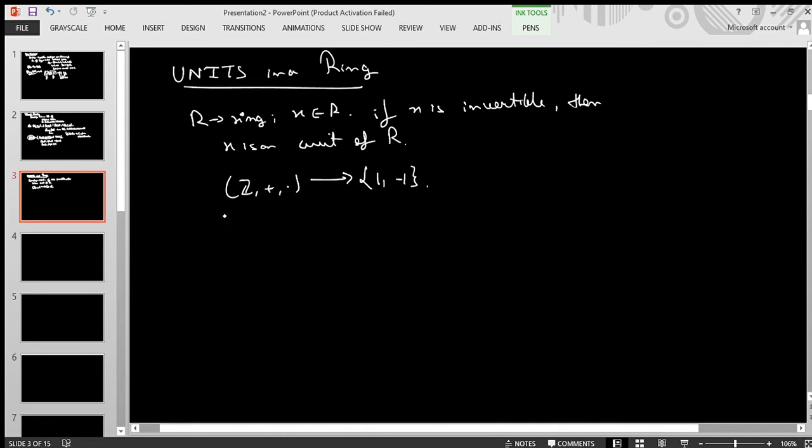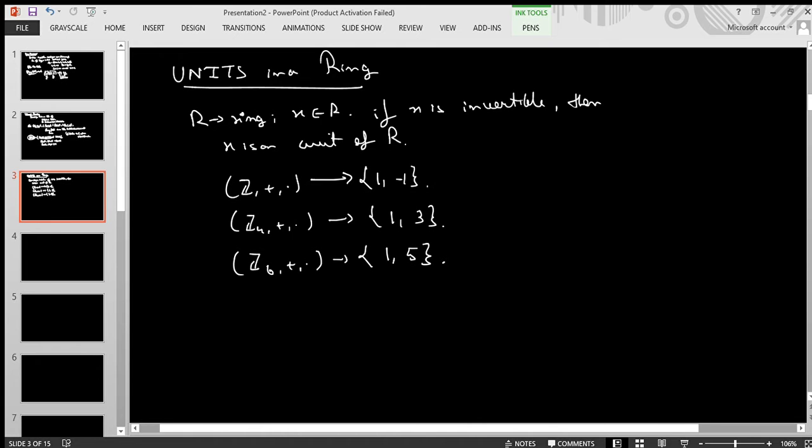If you take Z4, what will you have as the invertible elements? You will have 1 and 3. If you take Z6, you will have 1 and 5.